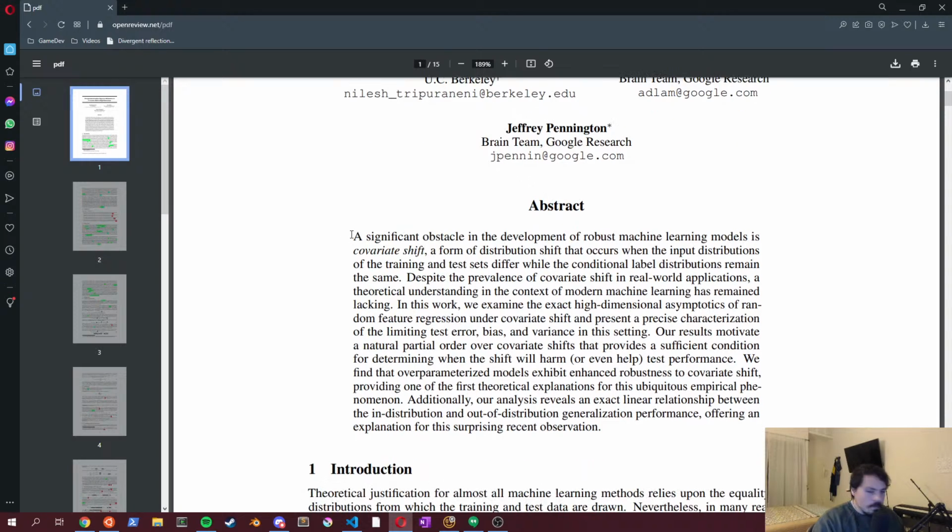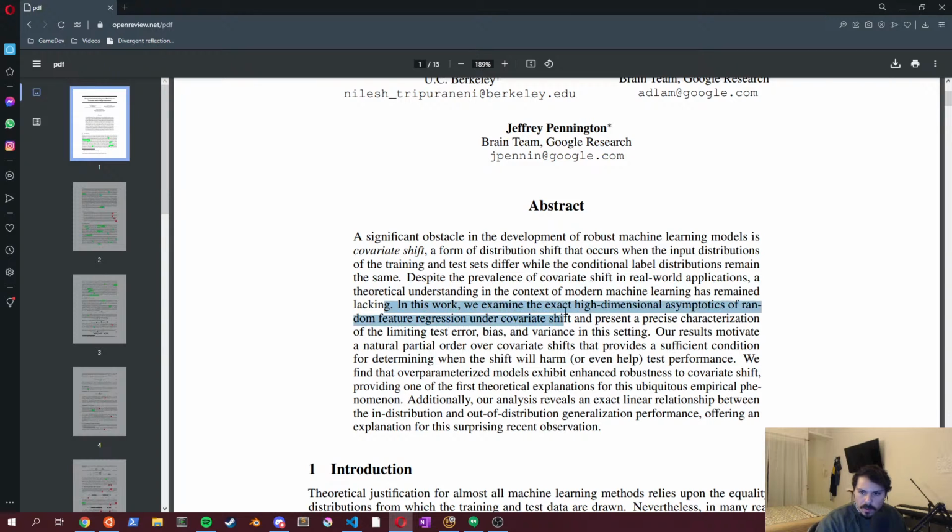So a significant obstacle in the development of robust machine learning models is covariate shift, a form of distribution shift that occurs when the input distributions of the training and test sets differ while the conditional label distributions remain the same. Despite prevalence of covariate shift in real-world applications, a theoretical understanding in the context of modern machine learning has remained lacking.